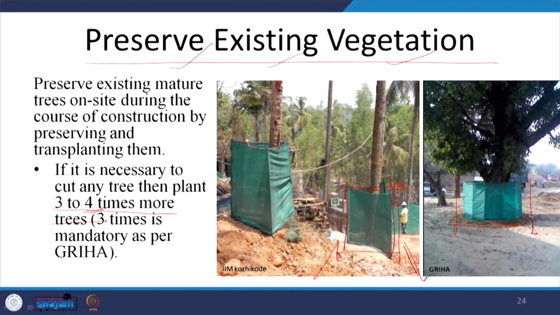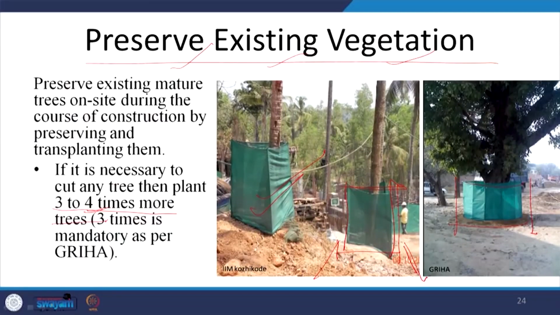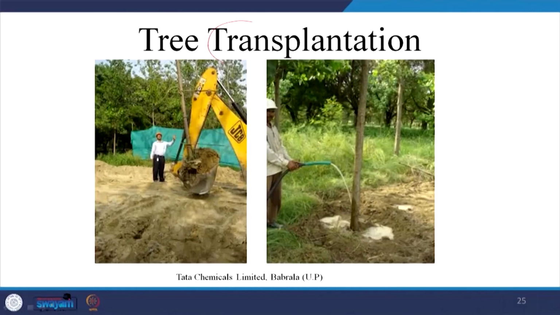But the best strategy is to preserve the existing vegetation through design first and then through construction, like this, proper covering of these trees. In case we cannot preserve the tree for some reason, tree transplantation could also be done. Now, it is not a very easy thing to do, because the tree has to be excavated along with its root.